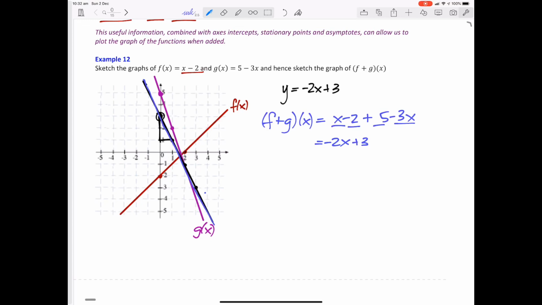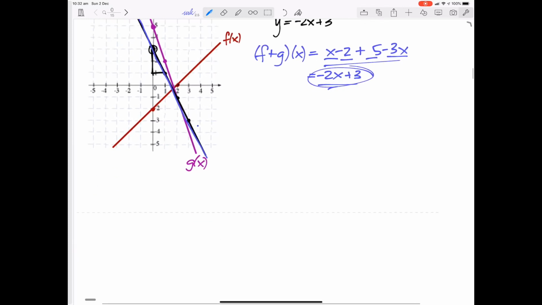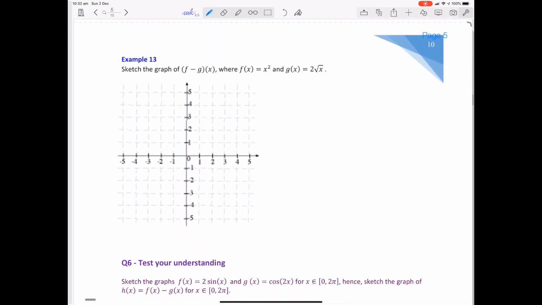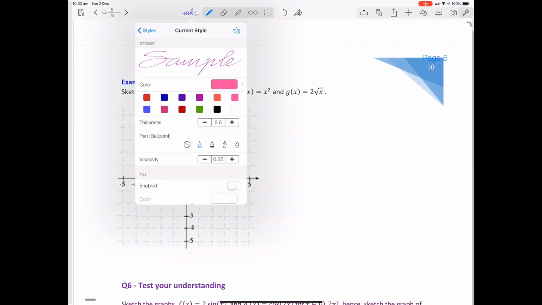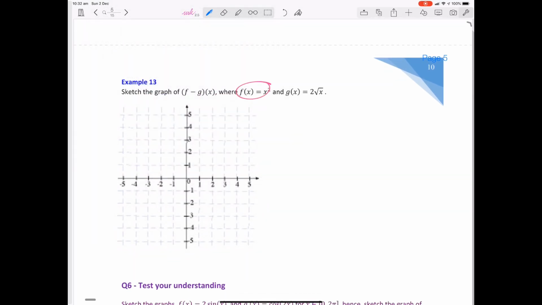Now you might think, oh, why don't we just add those two graphs together and then graph it? Well, this is a basic example, because we can also use addition of ordinates for harder functions that we don't know the solutions to. So, here we've got another example, x squared, so we know 0, 1, 1, 2, 4, -1, -2, 4.